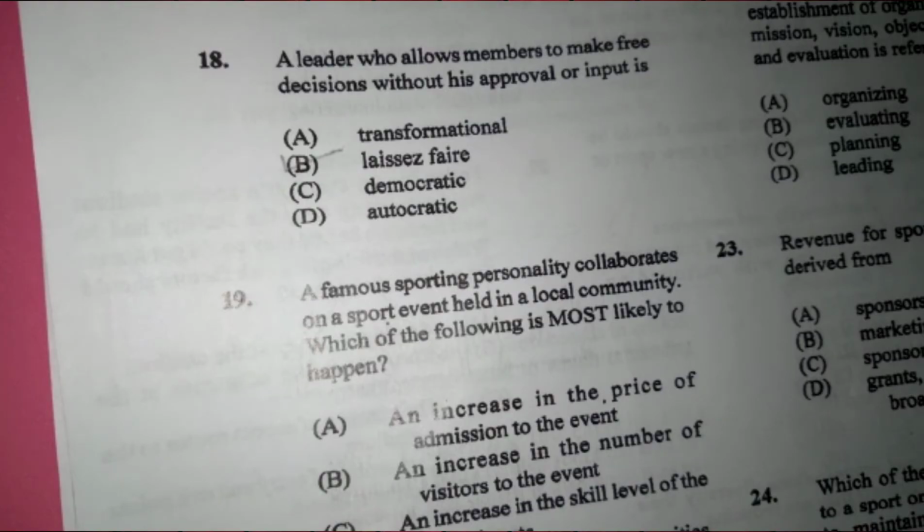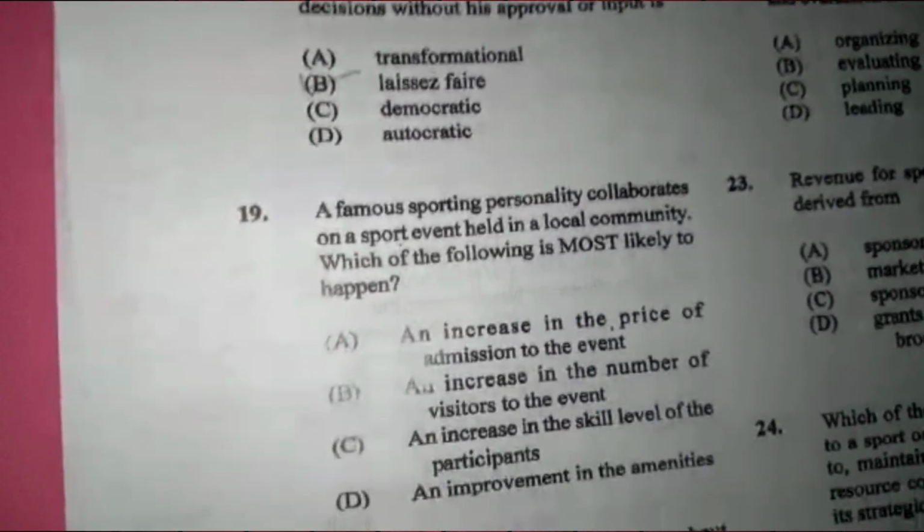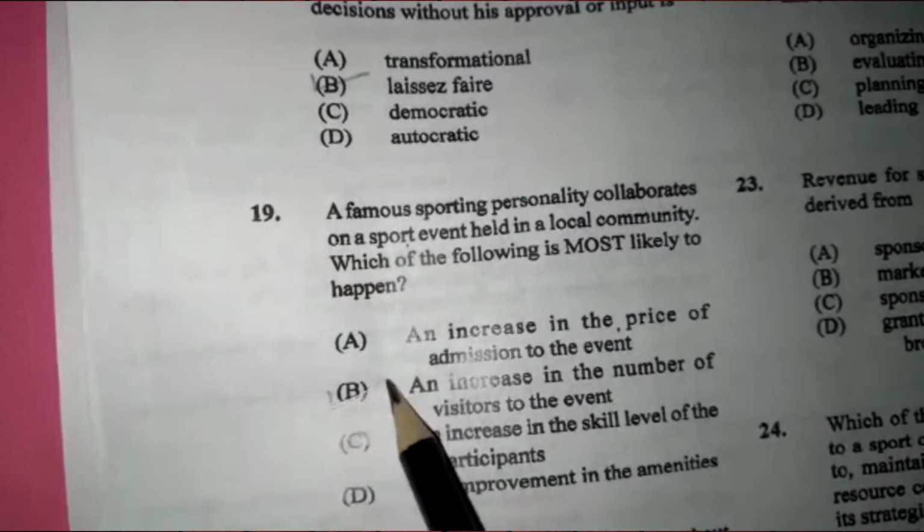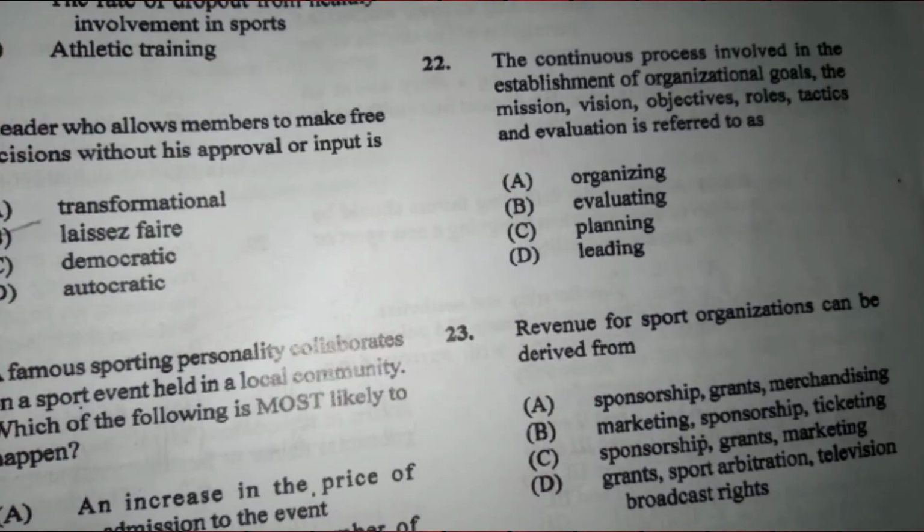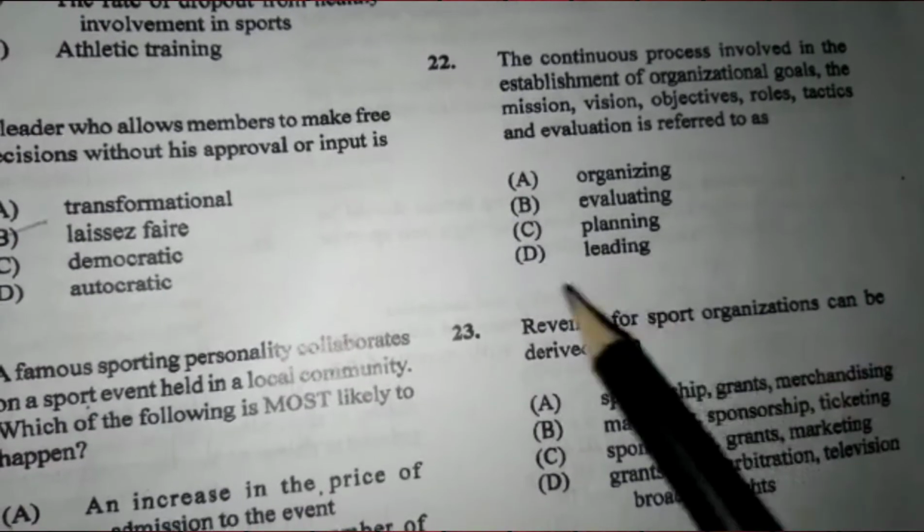Which of the following is most likely to happen? The answer here is B. The continuous process involved in the establishment of organizational goals, the mission, vision, objectives, roles, tactics, and evaluation is referred to as, answer here is C.